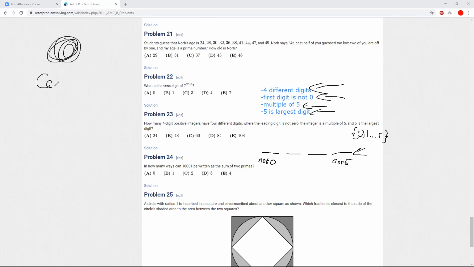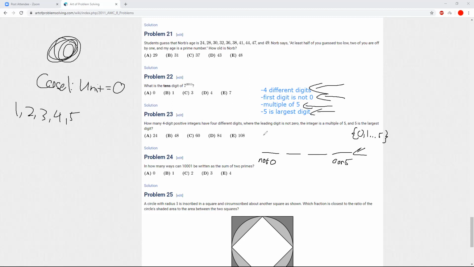So our case 1 is that the units digit is a 0. The last digit is a 0, so now we're left with the digits 1, 2, 3, 4, and 5 for the first 3 digits, and we have to make sure they're all different.